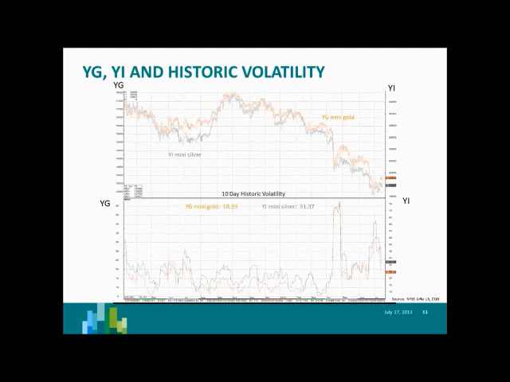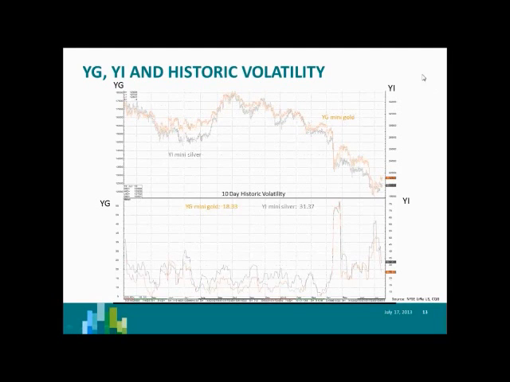The top part of the slide, the orange is of course the mini gold contract, and the gray is of course the mini silver. The price of mini gold is on the left scale here, and the price of mini silver is on the right scale here. Now, on the lower half is the historic volatility, and of course the mini gold historic volatility scale is on the left, and it is on the right for mini silver, just as you might suspect.